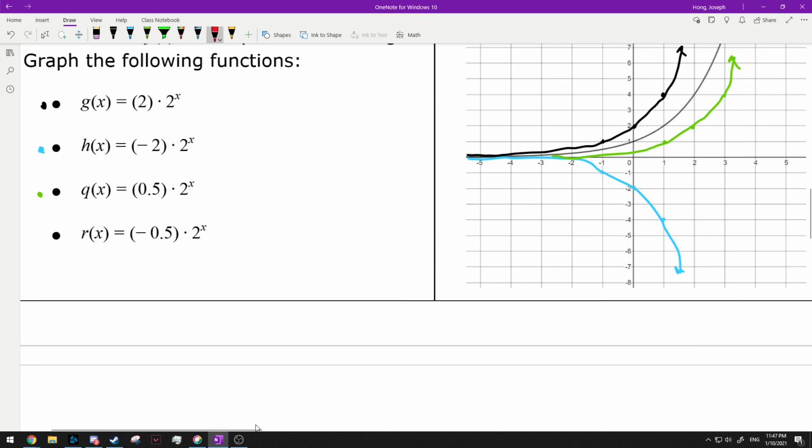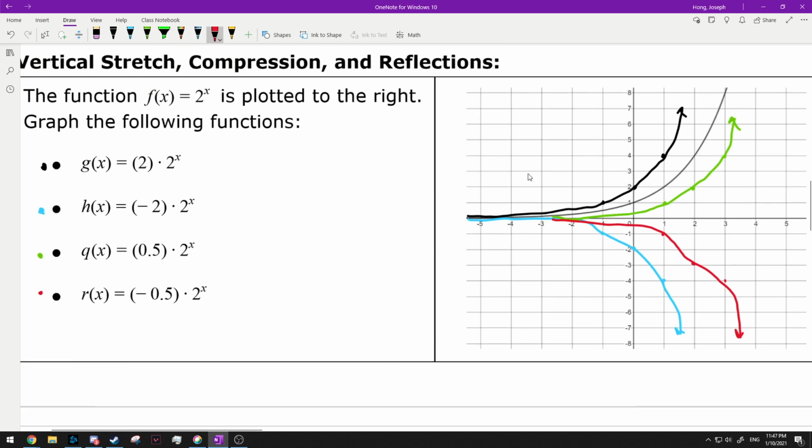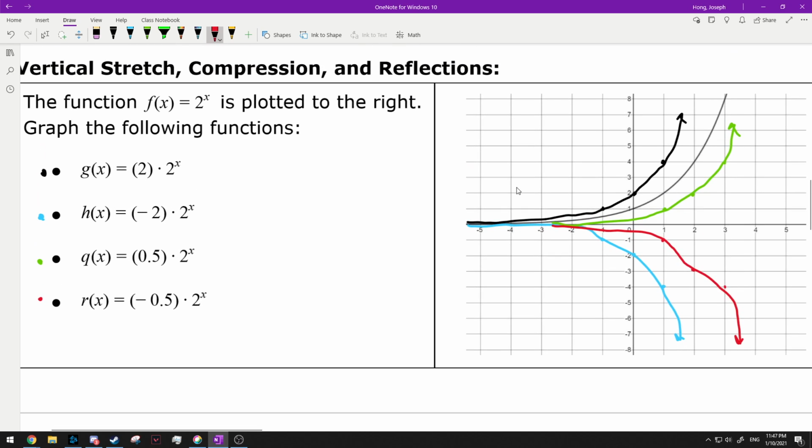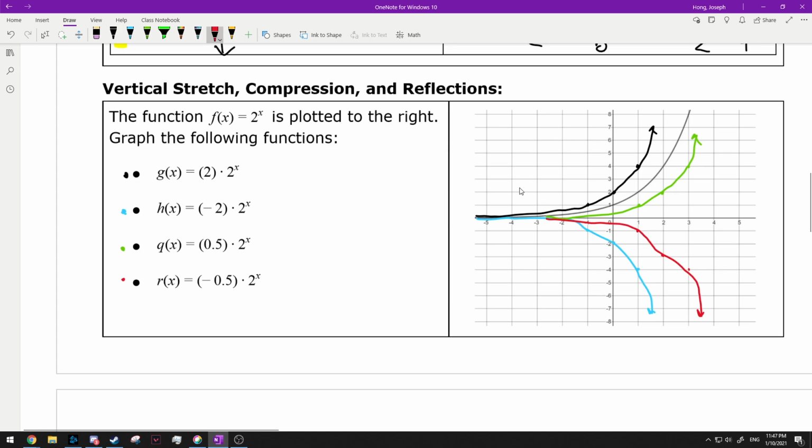And r of x, which will be my red graph, is actually the same thing, but reflected. So I'm going to do that. So very generic. Even though I didn't color the graph correctly, or land all the points, at least I identified the key points, which are these right here.